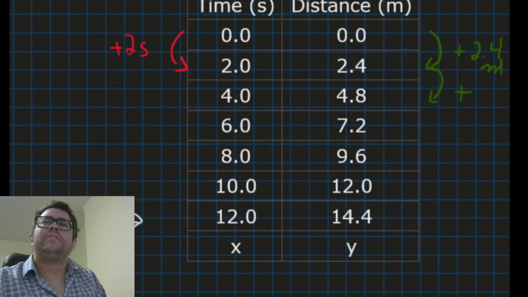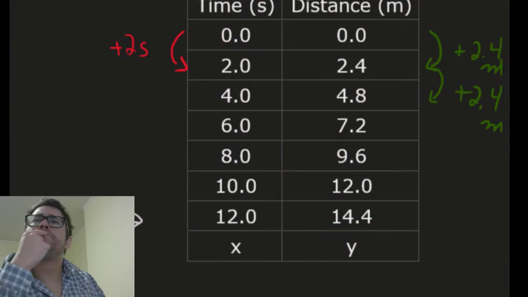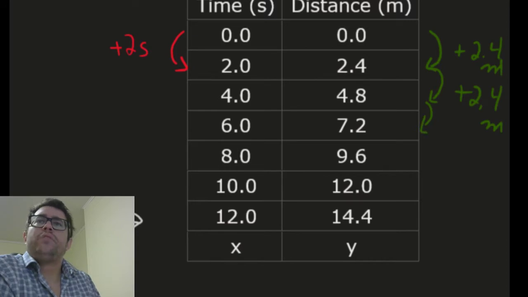I'm kind of busy. I want to remove this grid behind you because I don't think you can see. Okay, better. And the next one, from here to here, did it also increase 2.4? If you just add it up, this plus 0.4 is 5.2, and this plus 2, 7. Yes, 2.4.